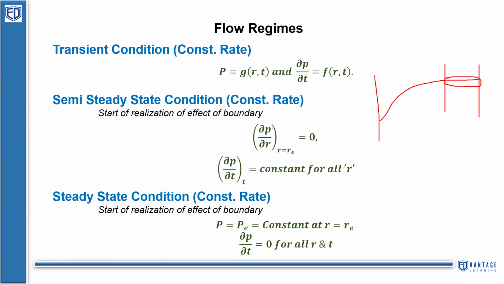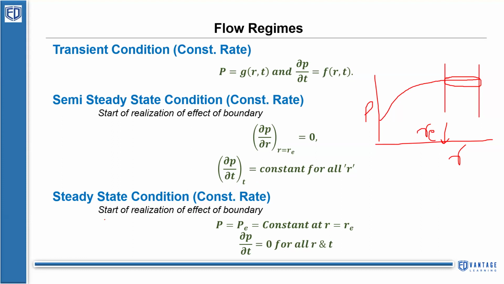So the change in pressure with radius, this is the radius, this is the pressure, is constant at a certain radius RE. That typically means that your reservoir boundary is felt. And also if you look at the change in pressure with time, it is constant. The pressure change is constant for all radiuses.